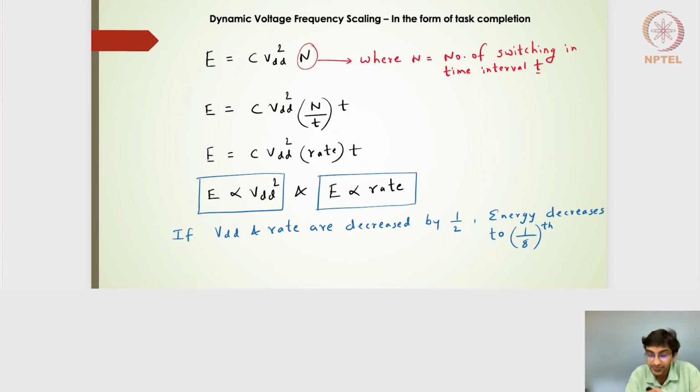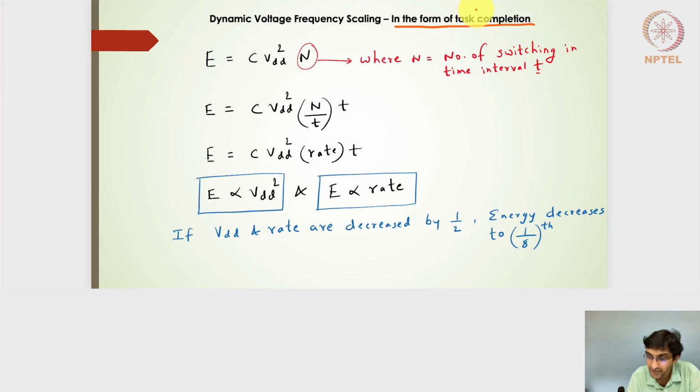The last slide, in terms of the task completion. When we talk about task completion, what it means is, if I have one process given to a particular circuit, the output of the circuit, when it switches from 0 to 1, is when the energy is delivered by the VDD.